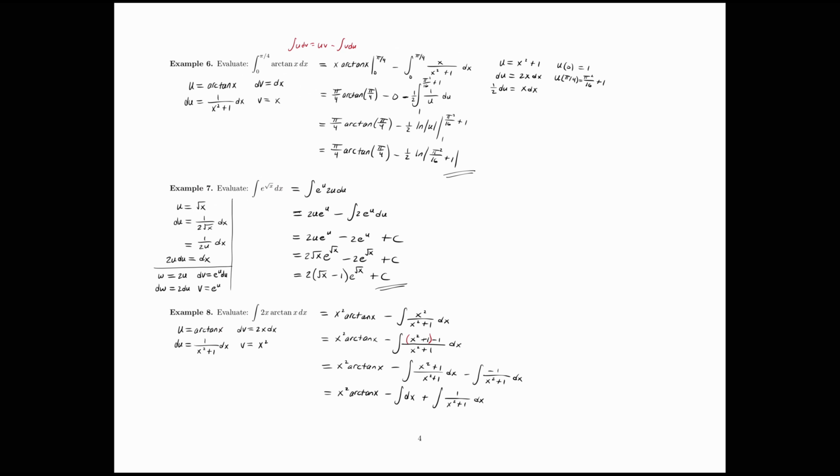So that means the integral of 1 over x squared plus 1 lands right back at arctan. So we have our answer. x squared arctangent of x minus x plus the arctangent of x plus c.